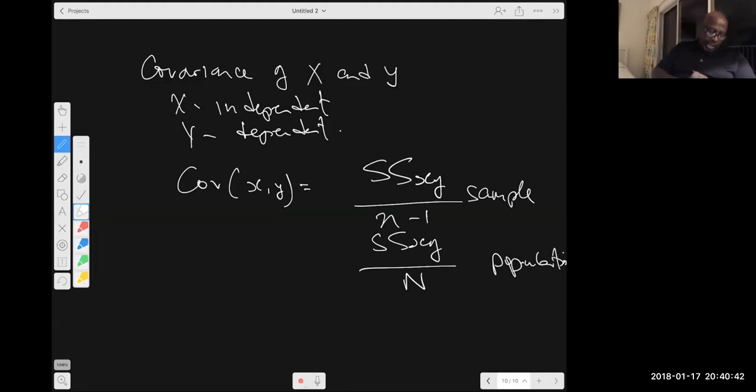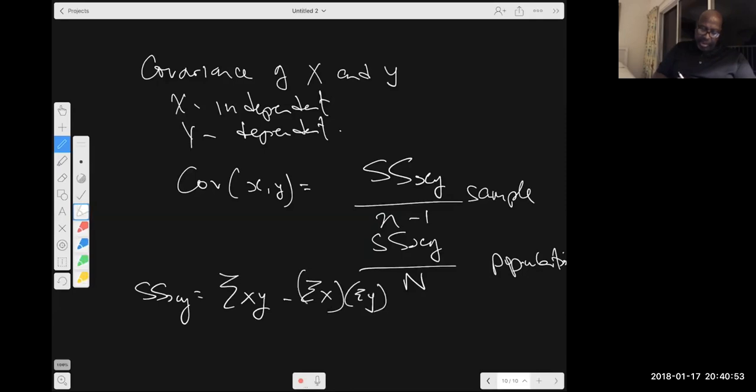And then the shortcut formula for SSXY is the sum of x times y minus the sum of x times the sum of y over n. It kind of looks similar to this. Sum of x squared minus the sum of x all squared over n for SSX. Except that instead of dealing with SSX, we are dealing with SSXY.